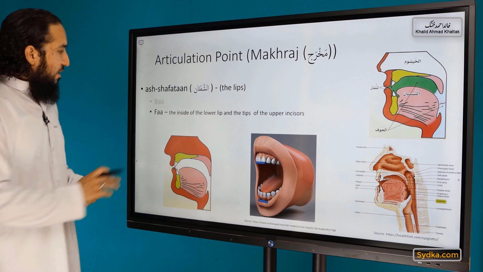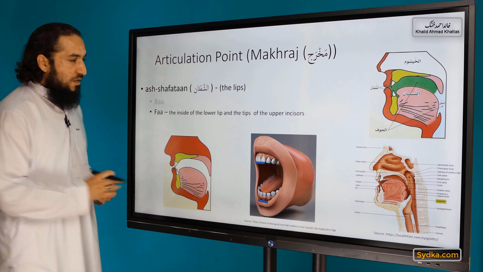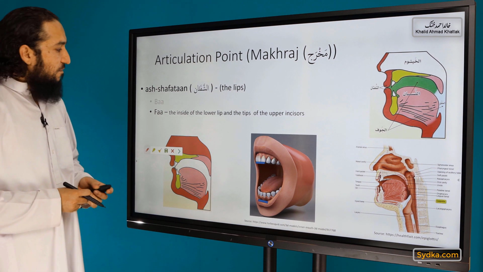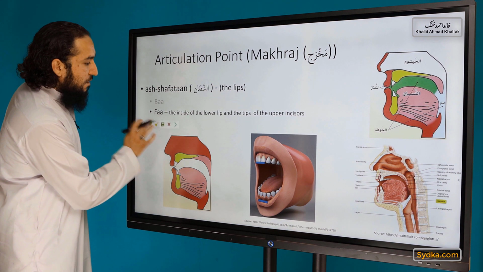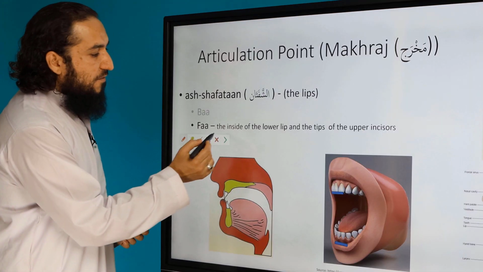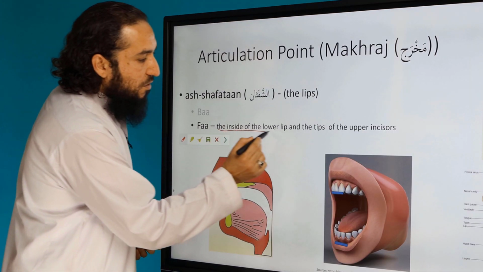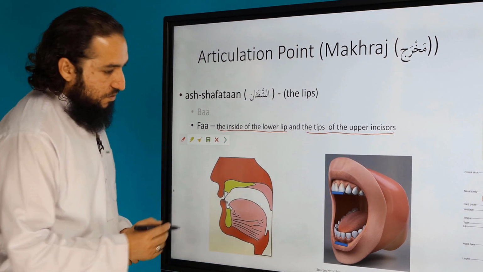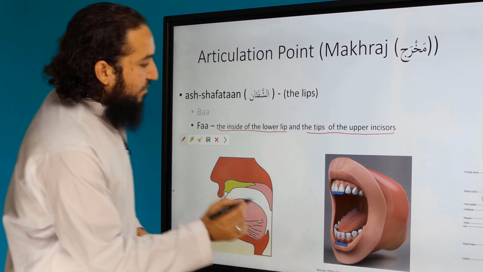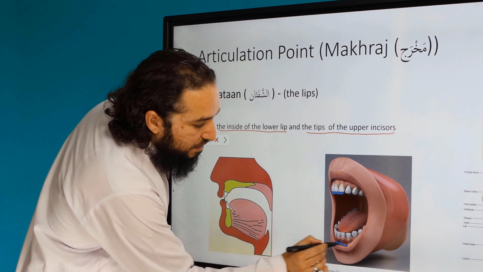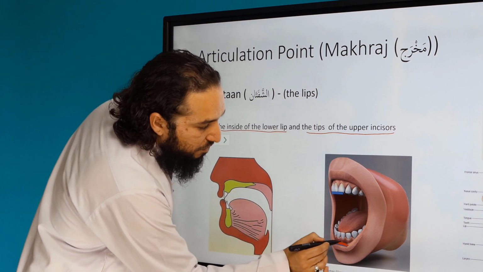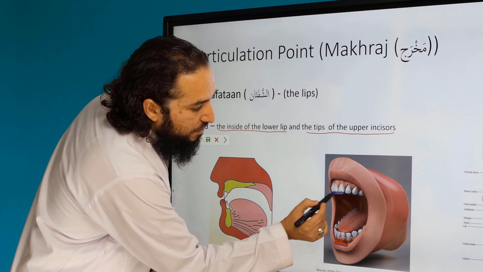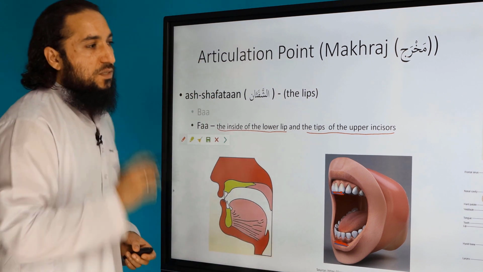What is its makharij? It is one of the shafatan letters, the lips letters. It is produced from the inside of the lower lip and the tips of the upper incisors. So we have the inside of the lower lip and the tips of the top 2 incisors.